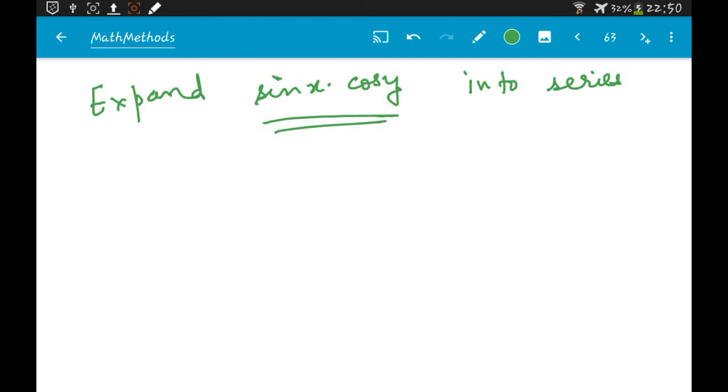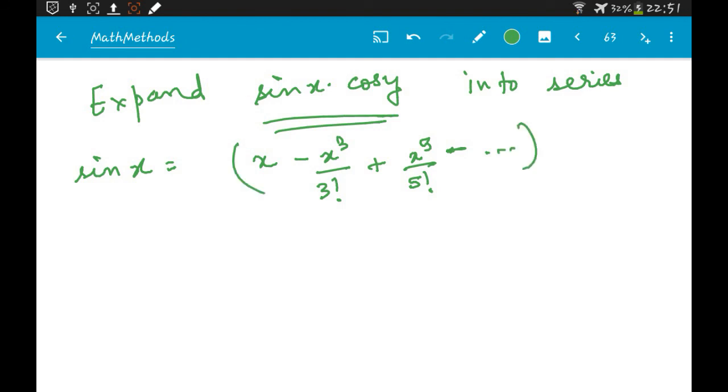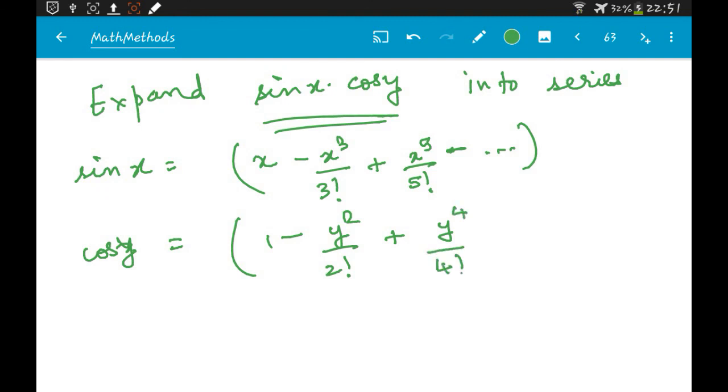So you will do the same way, and for sine x you will get x minus x cube by 3 factorial plus x power 5 by 5 factorial minus so on. And for cos y you will get 1 minus y square by 2 factorial plus y power 4 by 4 factorial and so on.